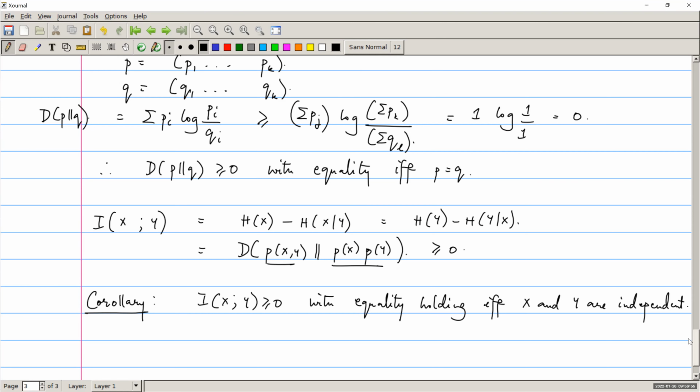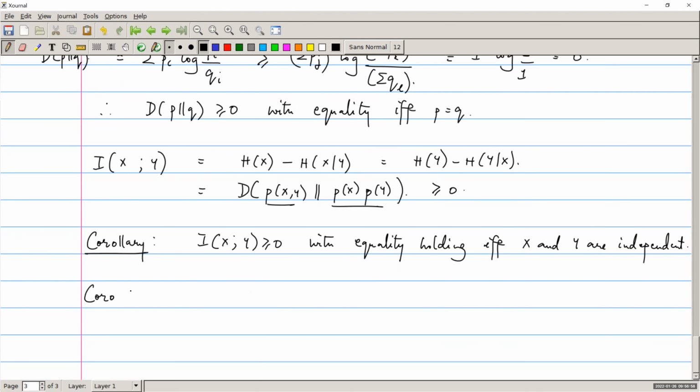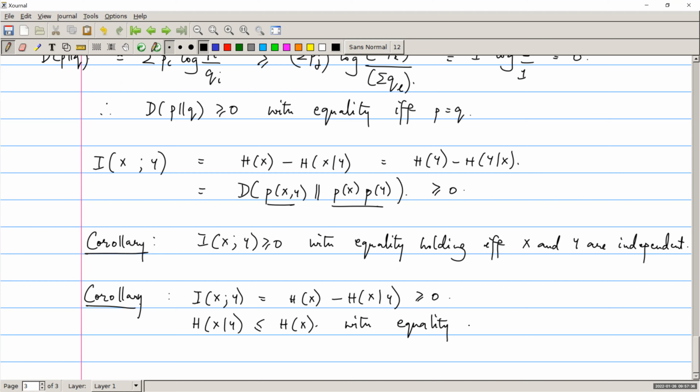One other corollary from the same thing: since the mutual information is equal to H(X) minus H(X given Y), and this mutual information is always non-negative, another way of seeing this is to say that H(X given Y) is always less than or equal to H(X), with equality if and only if X and Y are independent.